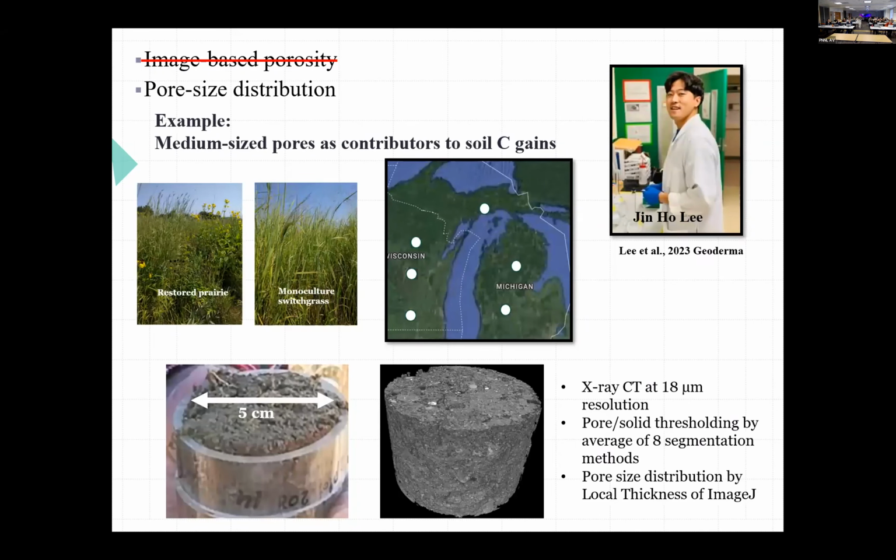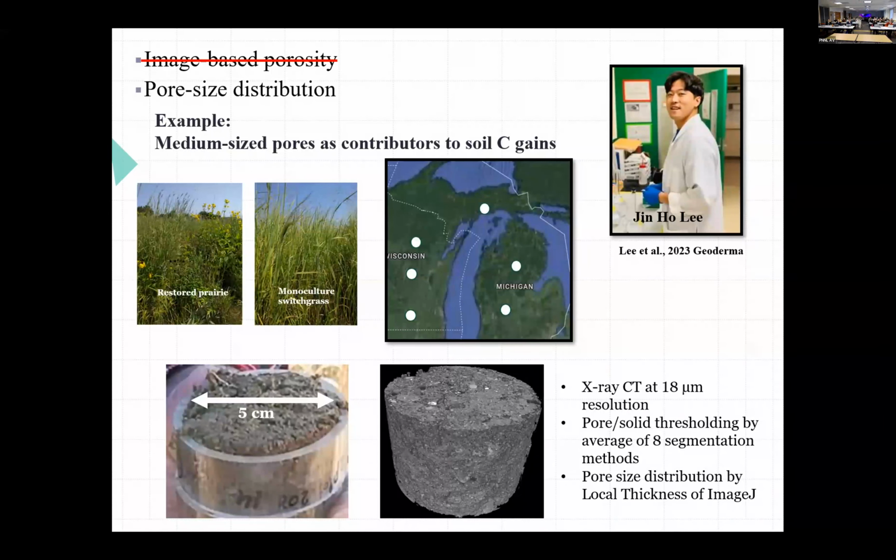I'm not going to talk much about image-based porosity, because in the experience of our lab, we rarely find it sensitive enough or interesting enough to do anything with. It's probably soil specific and test specific, but for us, it never really was a very useful parameter. So I'll talk about pore size distributions.